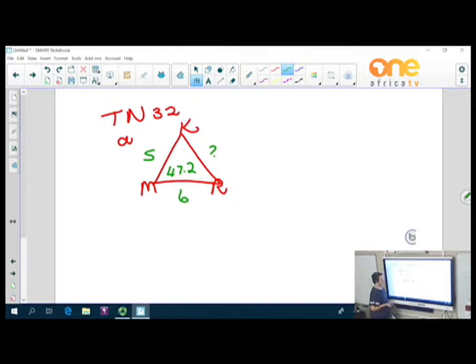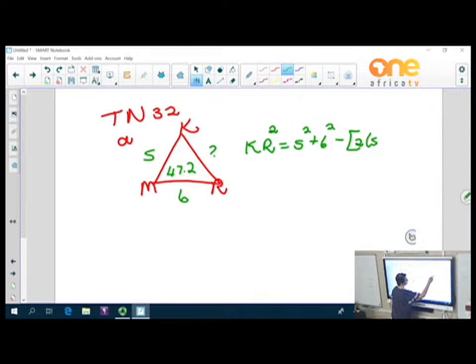The cosine rule is for the third side. So I can say now that KR squared is equal to, so now we're going to take those sides, 5 squared plus 6 squared, minus in brackets 2 times 5 times 6, and cosine, can you see the side and the angle are opposite each other, cosine 47.2 degrees.